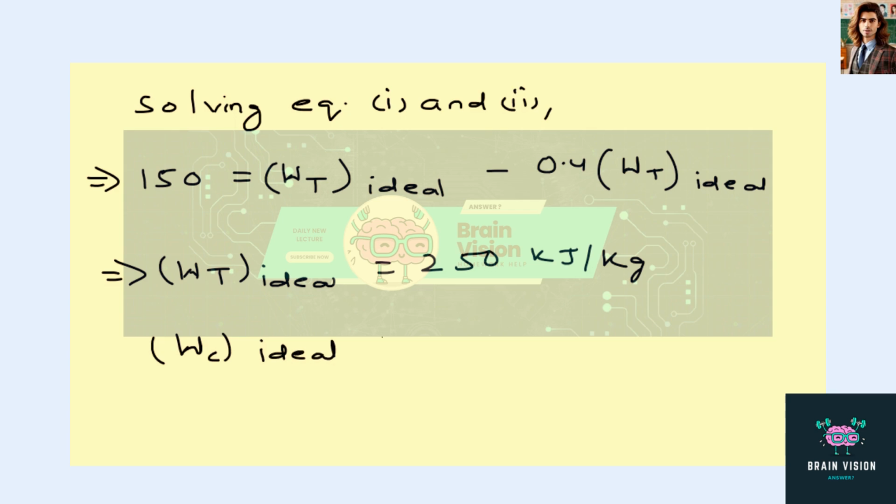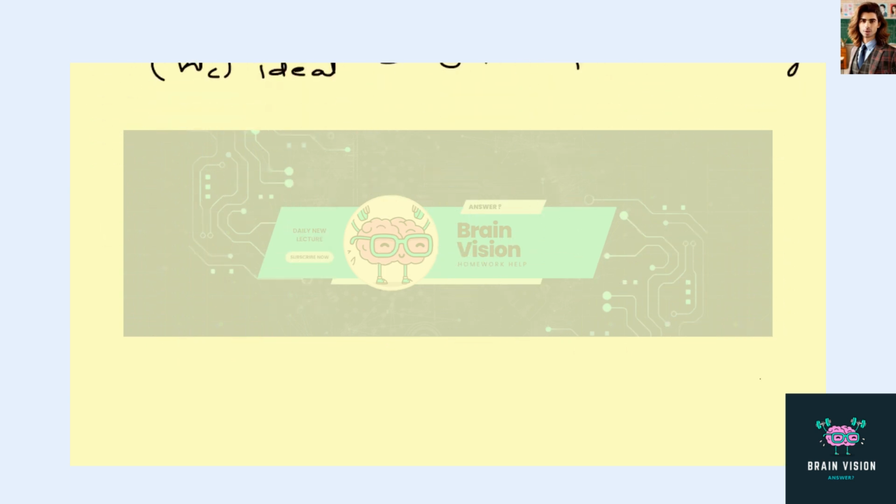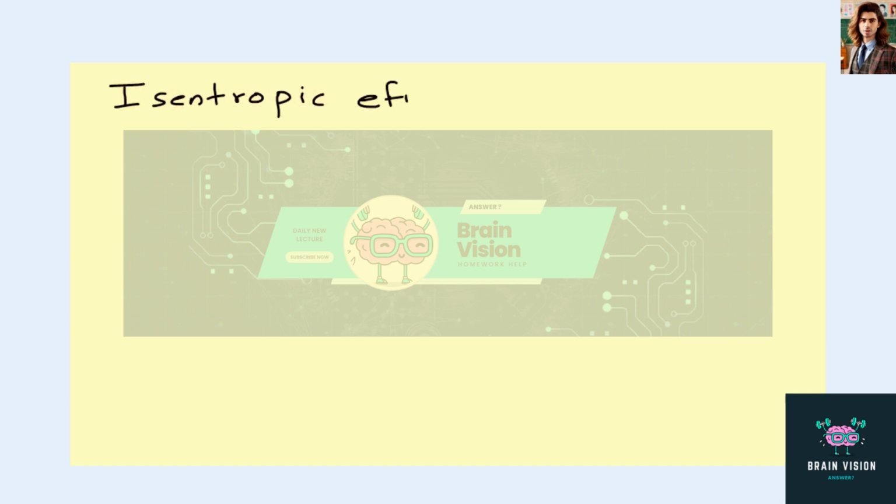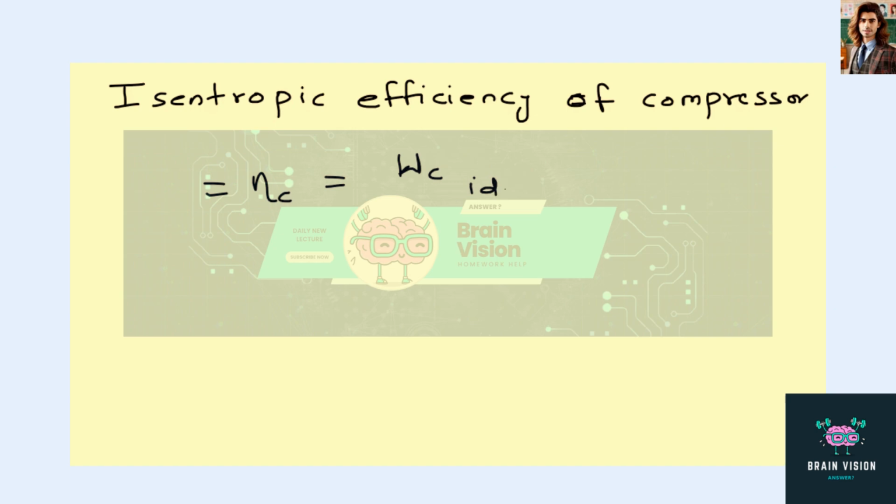So WC ideal is also equal to 0.4 into WT, that is given. So 100 kilojoule per kg is WC ideal. Now going forward, isentropic efficiency of compressor is equal to NC is equal to WC ideal by WC actual.